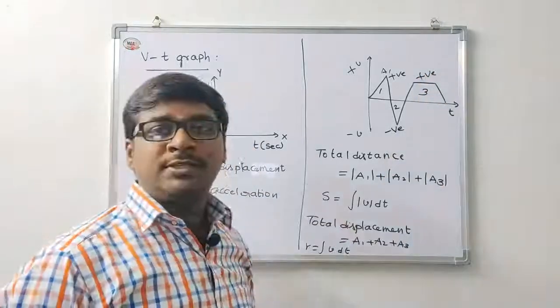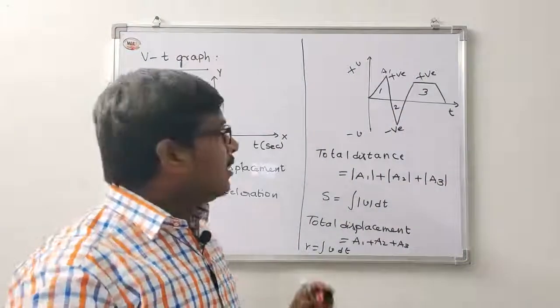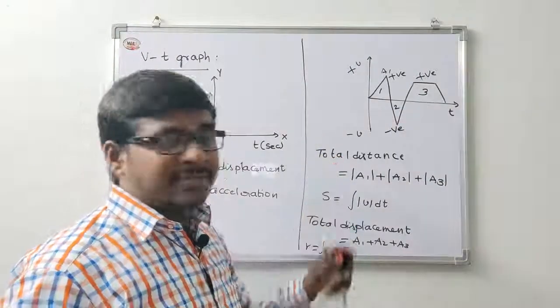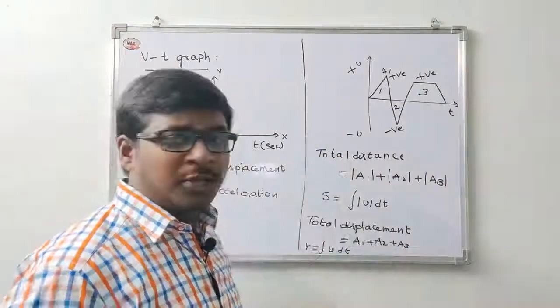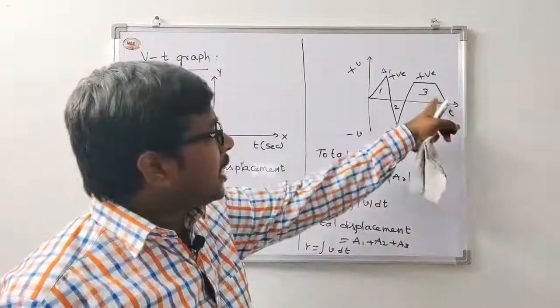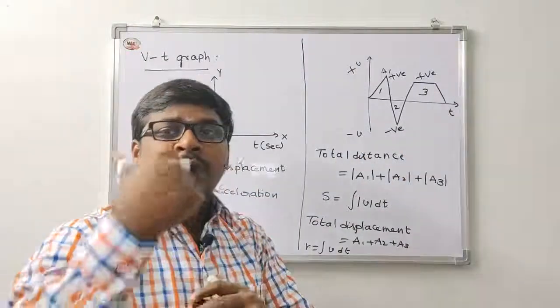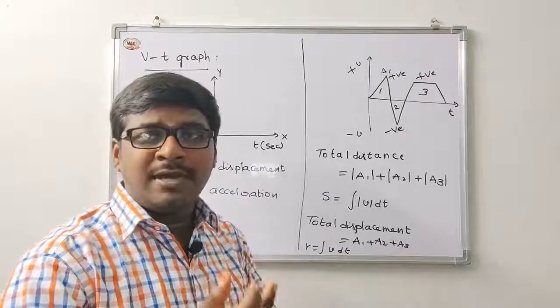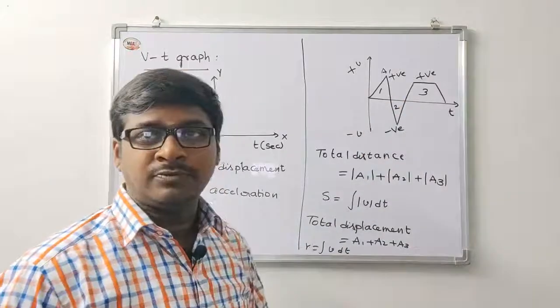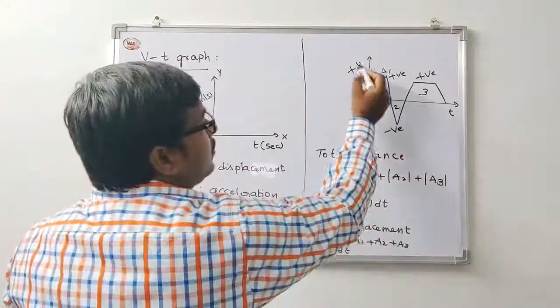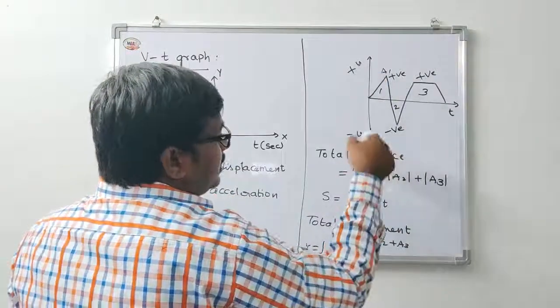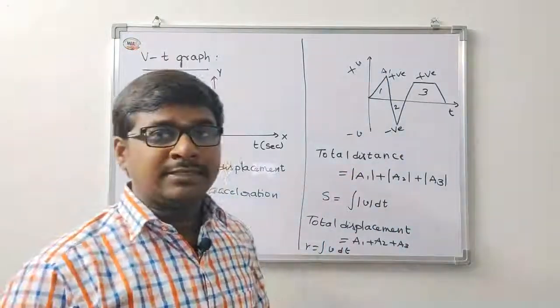A1 is positive, A2 is below the time axis, so the area occupied is negative. Next, the trapezium area is above the time axis, so it is positive. This is because above is positive velocity and below is negative velocity.